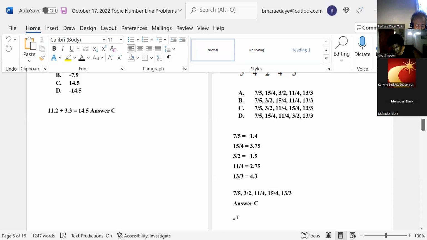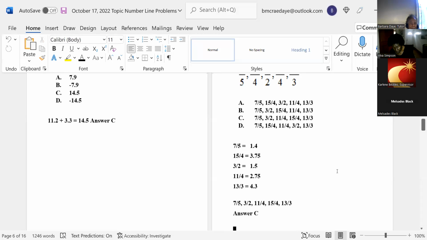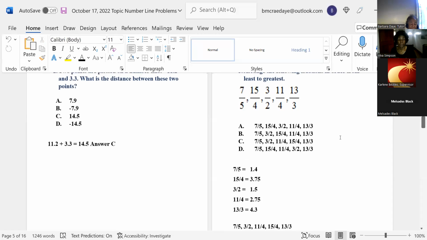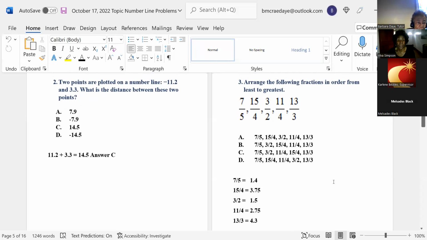So you convert them to a format where you can compare them, because it's hard to compare them with different denominators. If they were related, you could make them the same denominator and compare them. But you just have to divide. Any questions on arranging fractions in order?